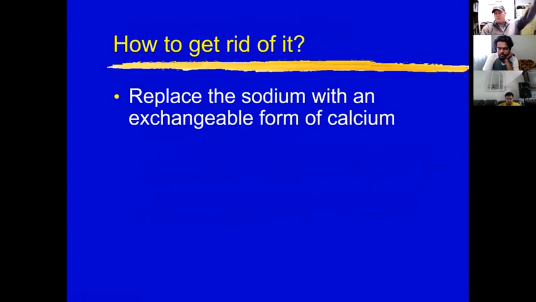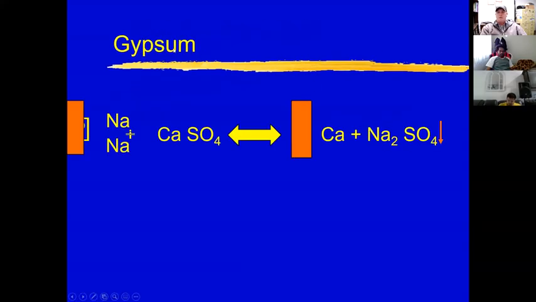So for sodium, let's forget about the total salts and the salinity problem for the time being. Let's focus on if it's just a plain old sodium problem. The way to get rid of it is that we need to replace that sodium with an exchangeable form of calcium. Okay. And the way we do that is with a product called gypsum. And this is what your walls are made of, right?